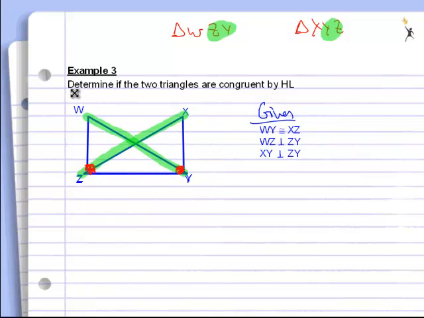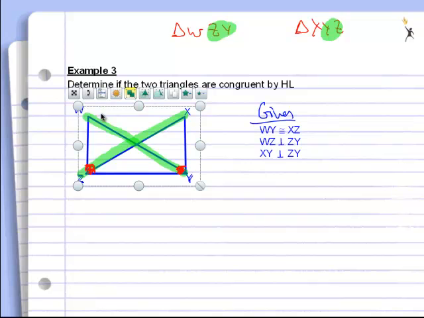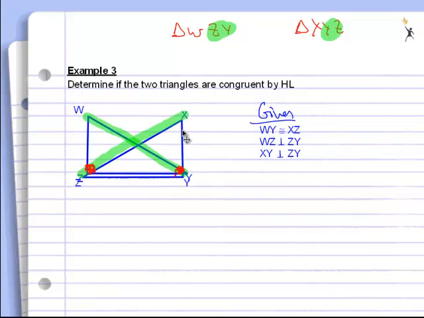When I have them overlapping right here, you can't really tell that it's a shared side. But when we write their letters out, you can see that we have ZY and YZ. Well, I can say that ZY is congruent to YZ because they both share the same side. It's the exact same side.